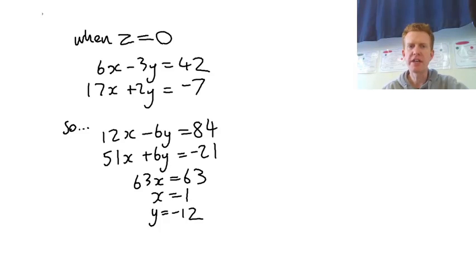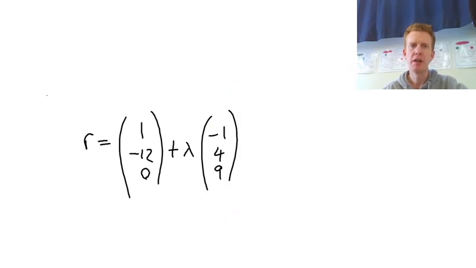If z is 0, then the two Cartesian equations simplify to this pair here, which are much more straightforward because we've just got two letters. Using row operations, I can calculate x as 1 and y as -12. This gives me the point (1, -12, 0), which is a point on the line, and this enables me to finish the question now. Here is my point, and here is my direction, and that's complete.